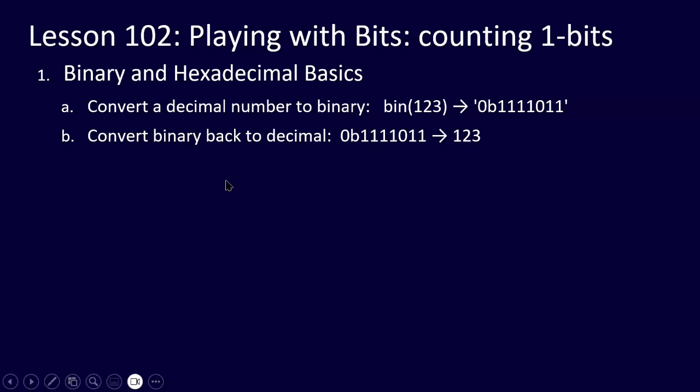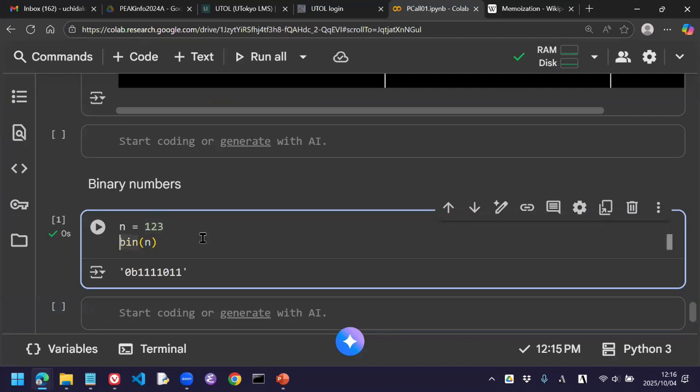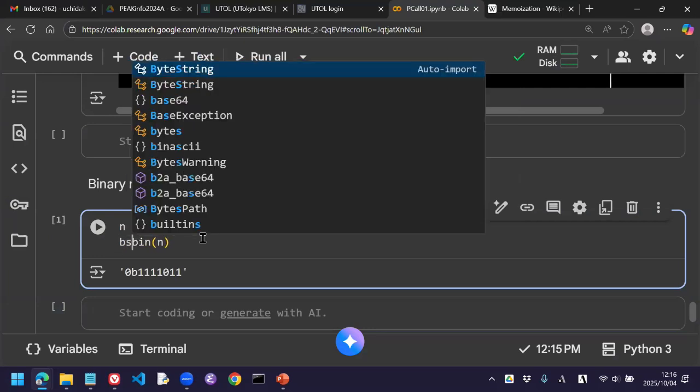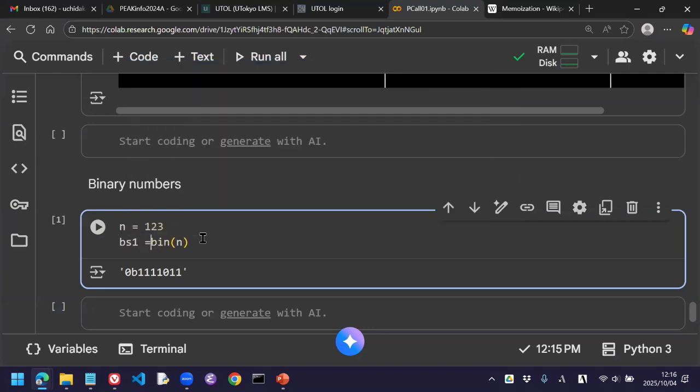How can we change this binary representation back to decimal? Let's put this into bs1, binary string 1.